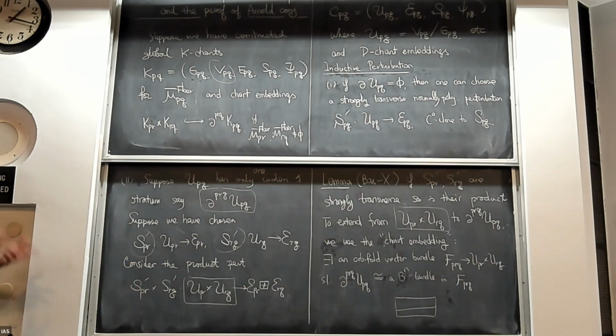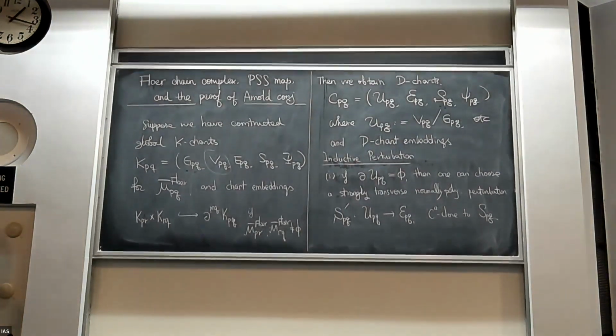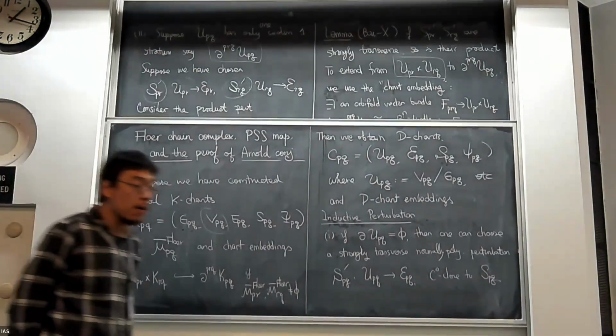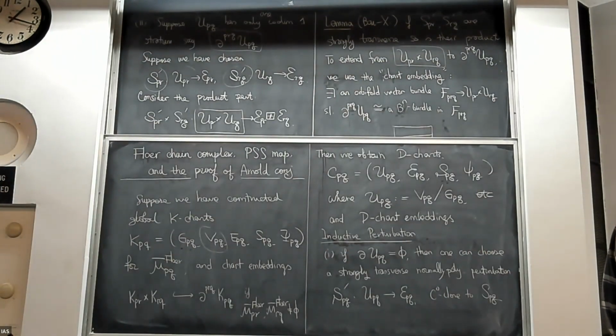This is actually part of the definition of chart embedding. But for the perturbation scheme, it's really important that it is complex, because from there you extend it to the inside.